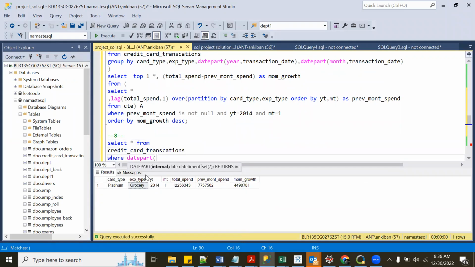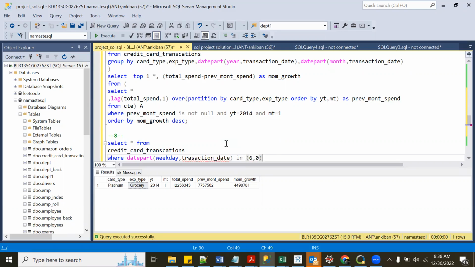What should I do to get the weekend data? Quick, who will tell me? Where weekday of date in Saturday and Sunday. In Saturday, Sunday, I should write 6 and 0, right?